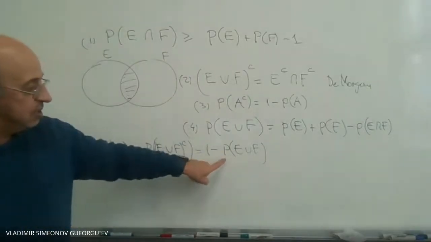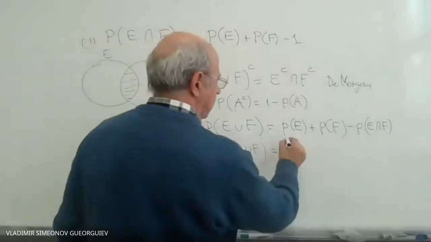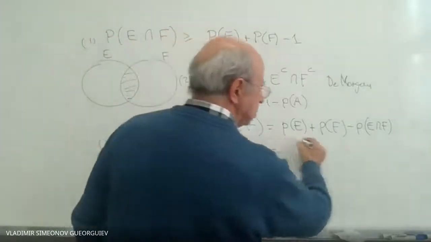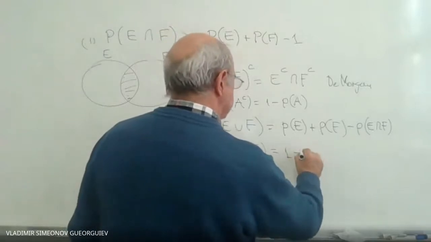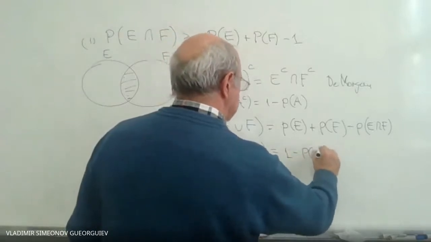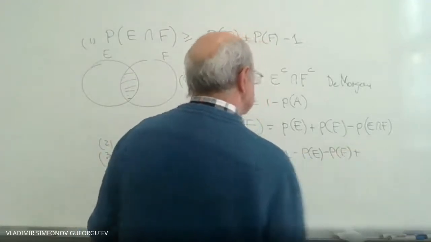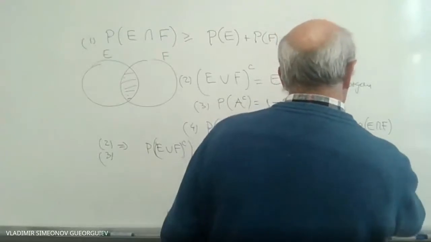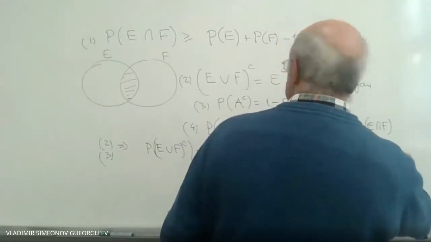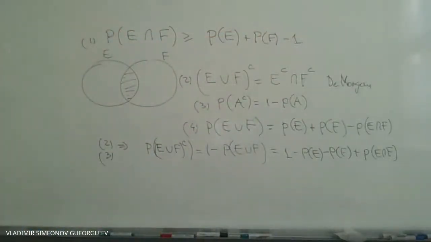But for the union, we can apply this formula. So I substitute the union with this guy, and we get 1 minus P(A) minus P(F) plus P(A intersected with F). And we are done.